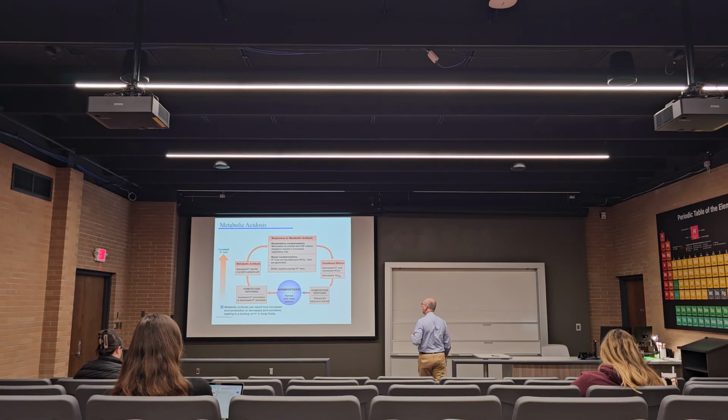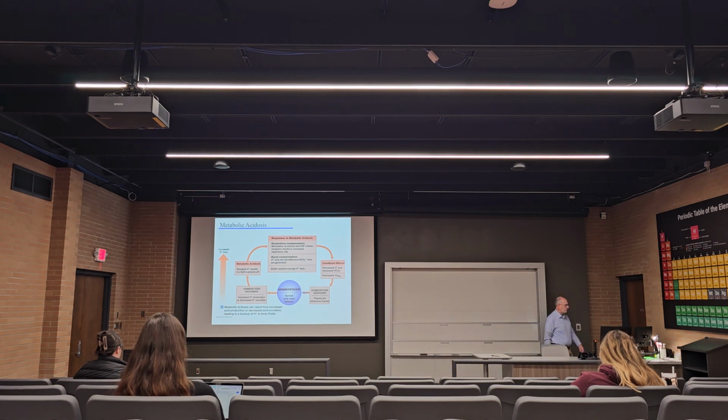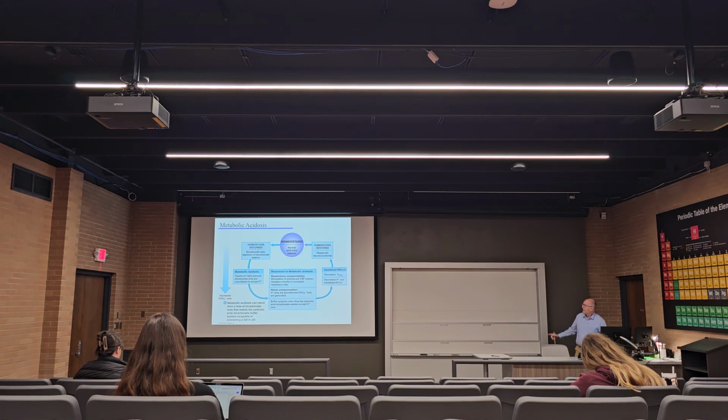So in this case, we're going to see a drop here, mainly due to the change in CO2 levels. So again, that's one way of doing this. This is another way of doing the same thing, but this is from the bicarbonate side.